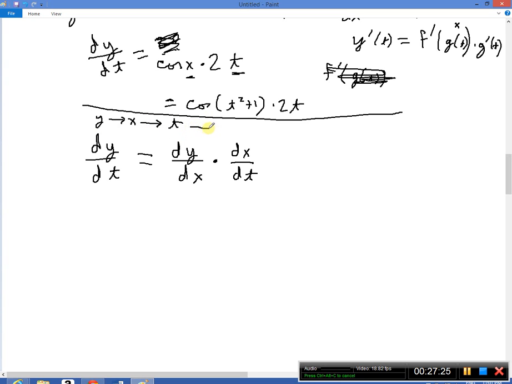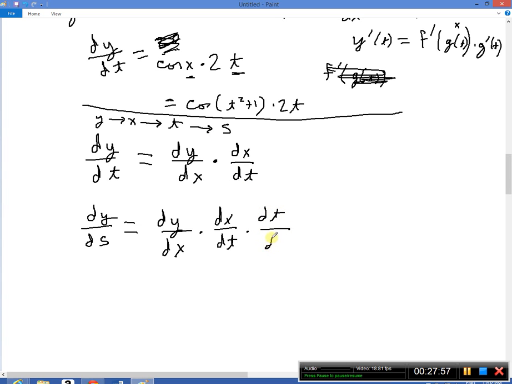What if t in turn depends on s? And you were to ask, what's dy ds? If you were to change s, how would that cause a change in y? So the answer is, you take the change in y with respect to what y is defined in terms of, so y depends on x, measure that change and multiply that change by the change in x with respect to t, and then multiply that by the change in t with respect to s.